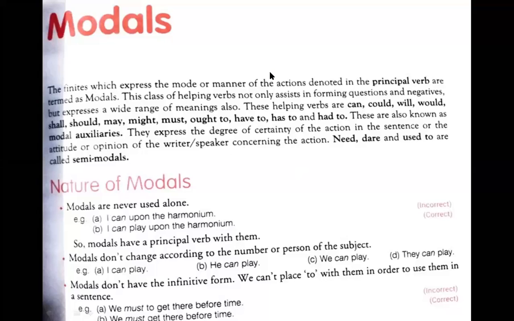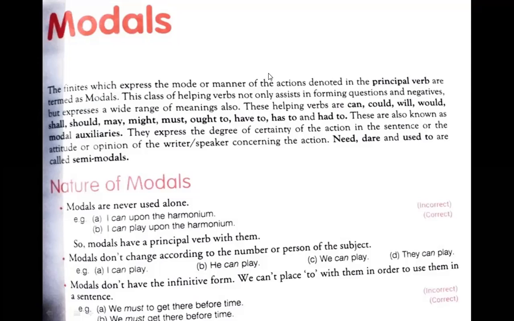If can is used with first person singular, it can go with the second person singular as well as third person singular also. I can play, he can play, we can play, they can play. That means this can cannot be changed when the subject is changed, whether it is singular or plural. This can will remain the same. It doesn't require any sort of change.